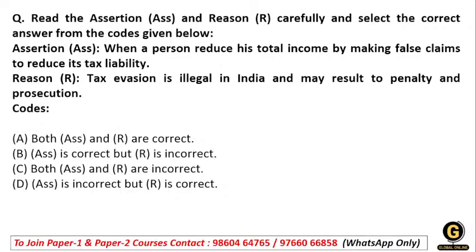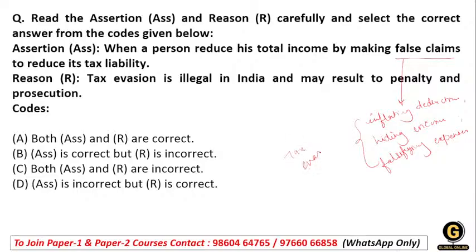So when a person reduces taxable income by making false claims, such as inflating deductions, hiding income, or falsifying expenses, it is considered tax evasion. So these we call tax evasion.